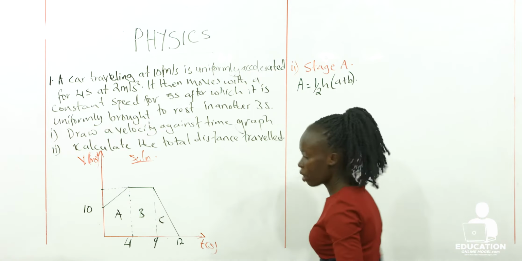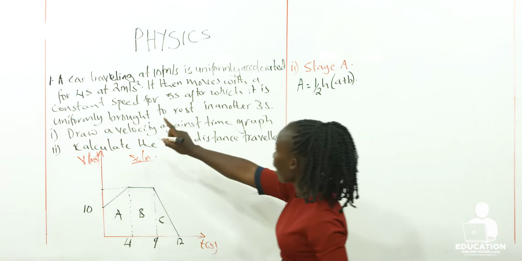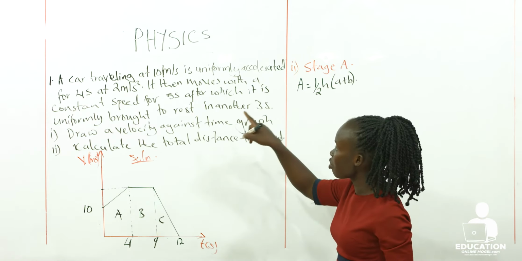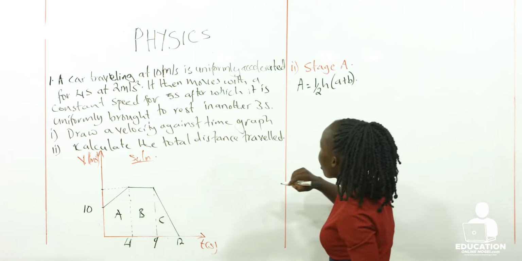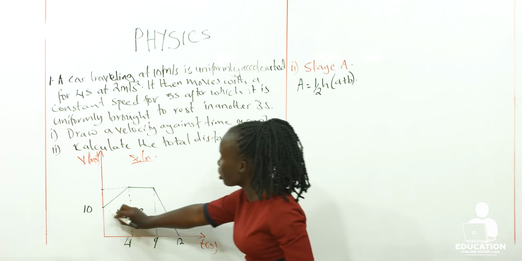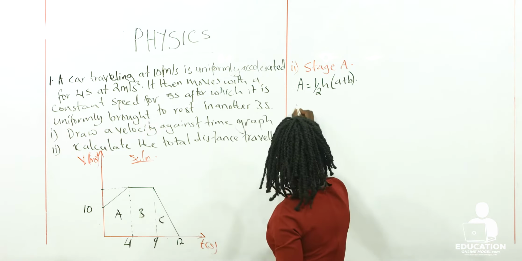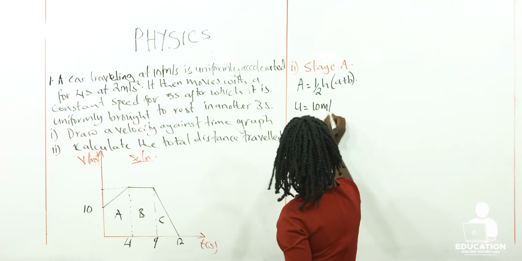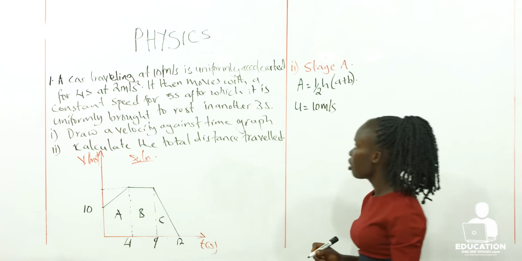To get our b, we see that the car was traveling at 10 meters per second. So that means that here was our initial velocity. So the initial velocity at that point is 10 meters per second.